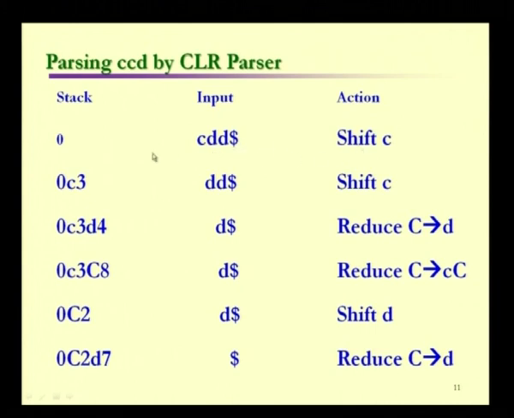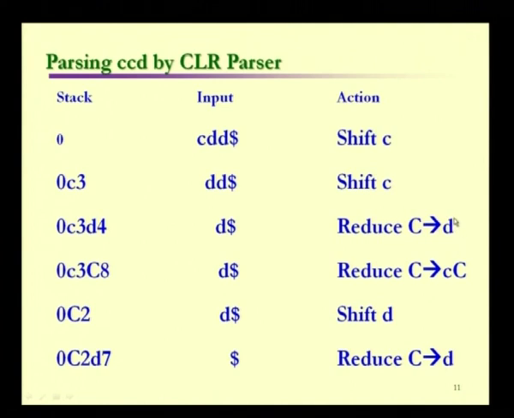The first action: we see that for 0 comma C, the action is going to be S3. So, shift C and resume from 3 comma D, shifting once again. So, shifting D, and then we continue from 4, and 4 comma dollar is going to be a reduce action by C derives D. When we have C derives D as the production used for the reduce action, you just compute the number of symbols on the right hand side.